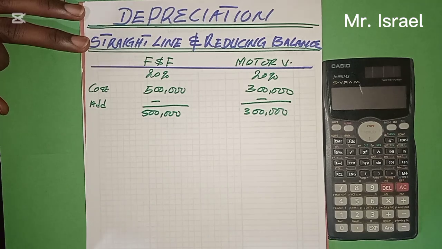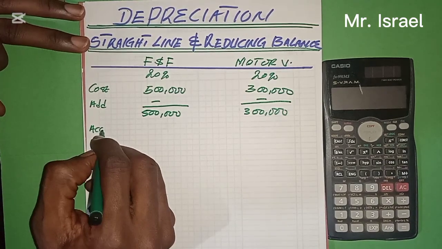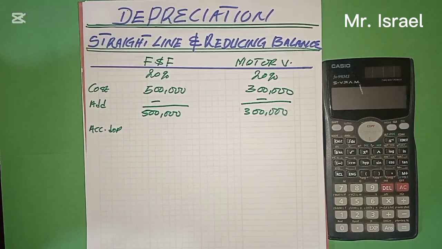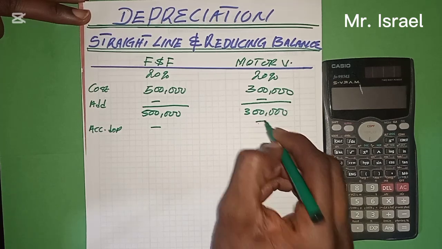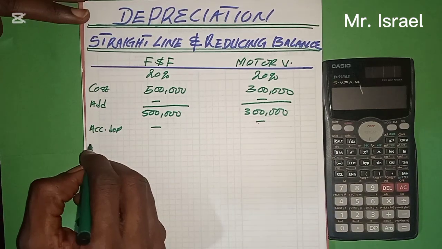Right now, what is the next thing? You get your accumulated depreciation. The accumulated depreciation for the first year is nil. Then what we are looking for now is our yearly depreciation.